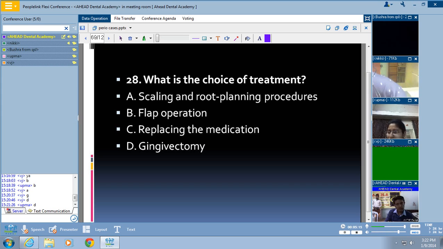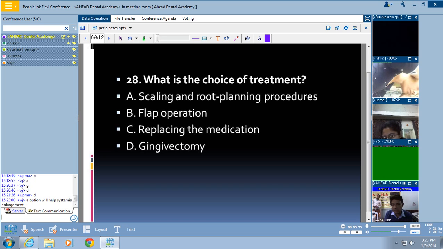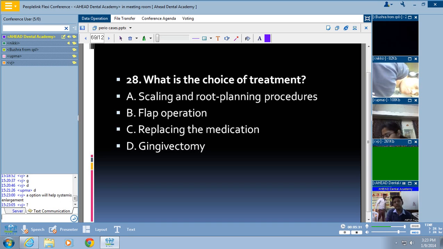Whenever we have a patient with gingival enlargement, both options, replacing the medication as well as doing a gingivectomy, can help. Replacing the medication will help in systemic enlargement, to an extent, but of course the main criterion is that the parameter should be kept under control.